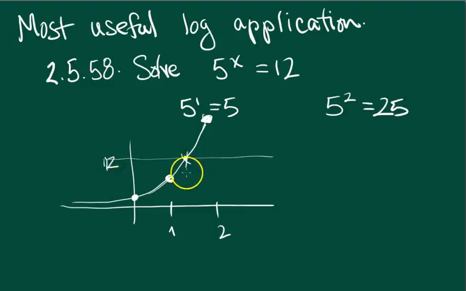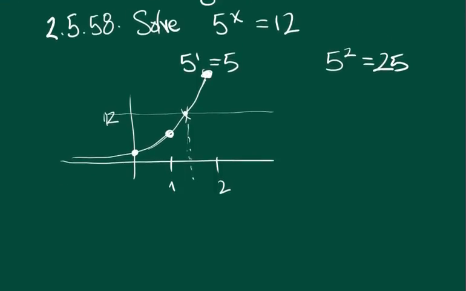So I'm looking for this number, which is probably a little closer to 1 than it is to 2. Whoever would raise 5 to any power to get 12? Well, you never know. So what we're going to do is use log properties to figure this out.